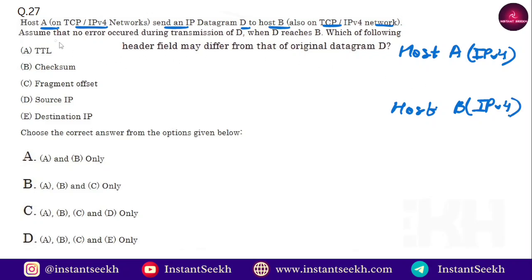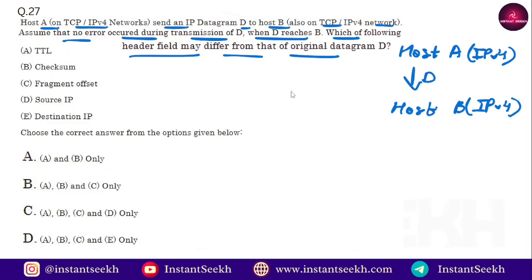Assume that no error occurred during transmission of datagram D when it reaches B. Which of the following header fields may differ from that of the original datagram D? It is basically asking which of the fields change during this transfer.